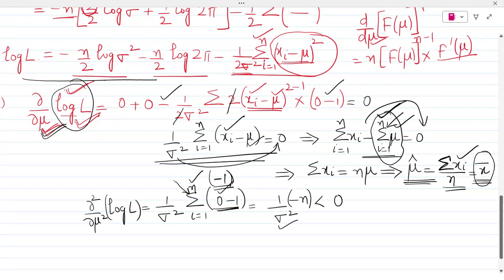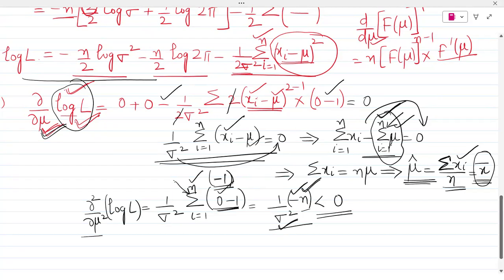Why? Because what is sigma square? Population variance, actually variance and standard deviation. Whether it is population variance, population standard deviation, or sample variance, sample standard deviation, they are never negative. And n is the sample size, how many sample observations there are. So n and sigma square can never be negative. But there is a minus here, so this expression is always negative.